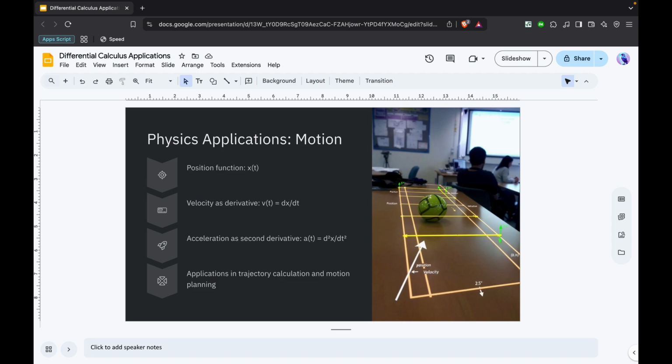Now, for physics, the most basic application is motion, where the position function is f of t, the velocity is the derivative of that, x of t, and the acceleration is the second derivative of that.